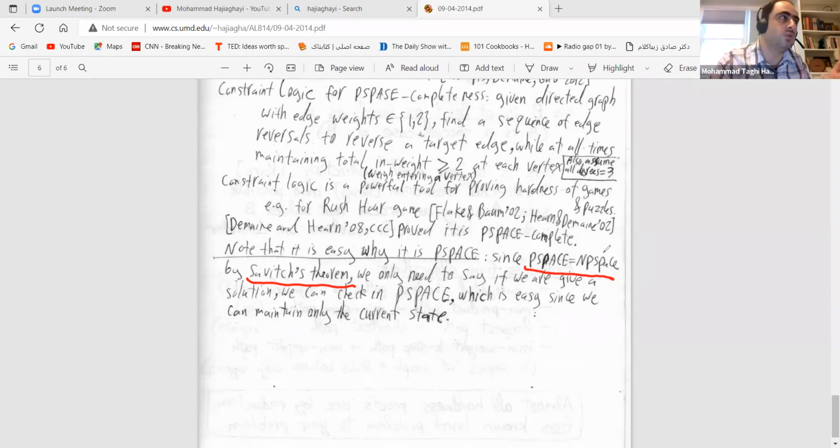I only need to check whether the certificate given to me is really a solution, that is, whether my target edge has been reversed or not. That's it. Good. So any question?